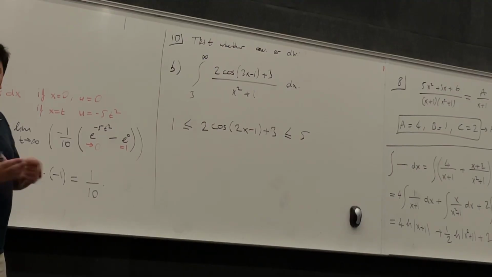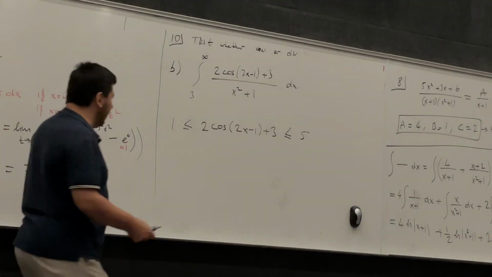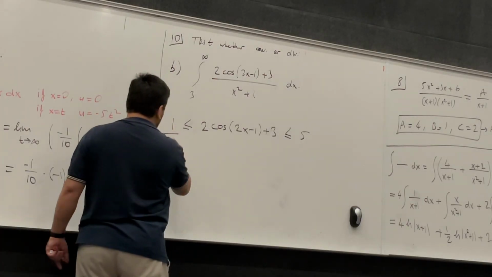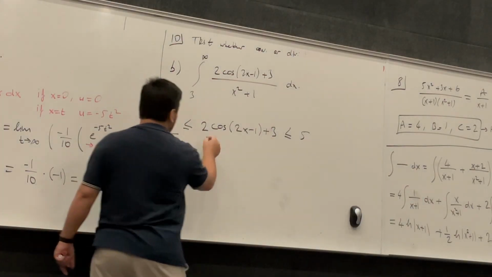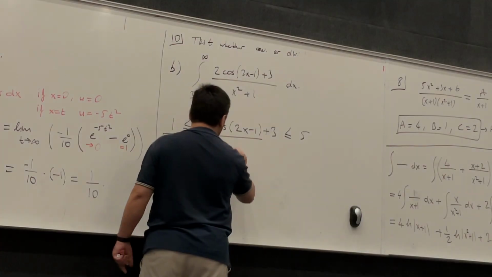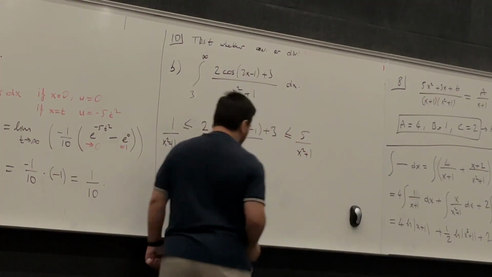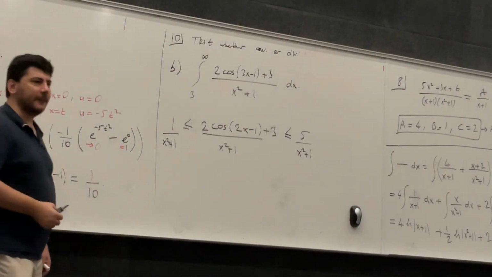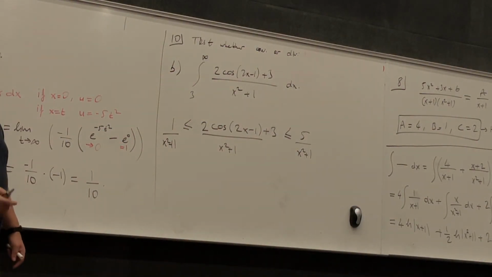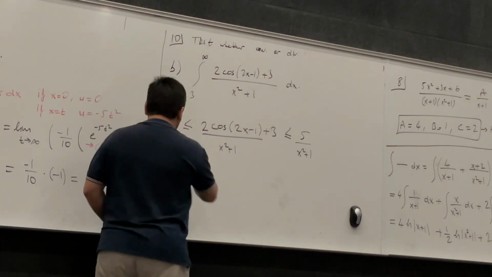Luckily, we can just give a bound for it and then show that. So altogether, now if you argue with x squared plus 1, it's harder, okay?